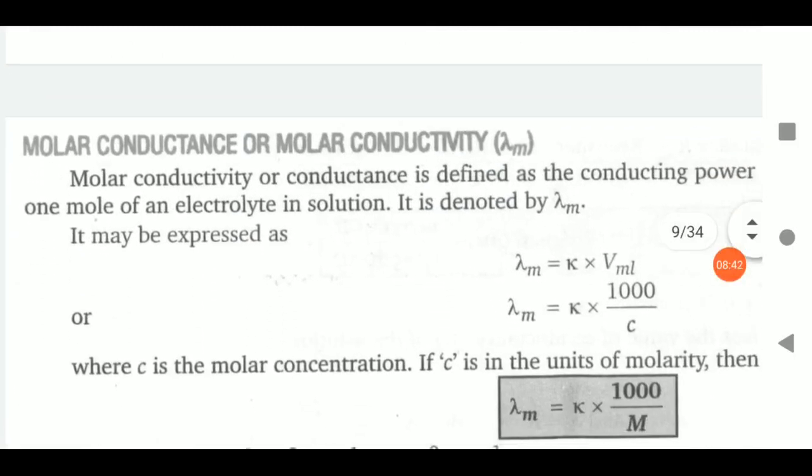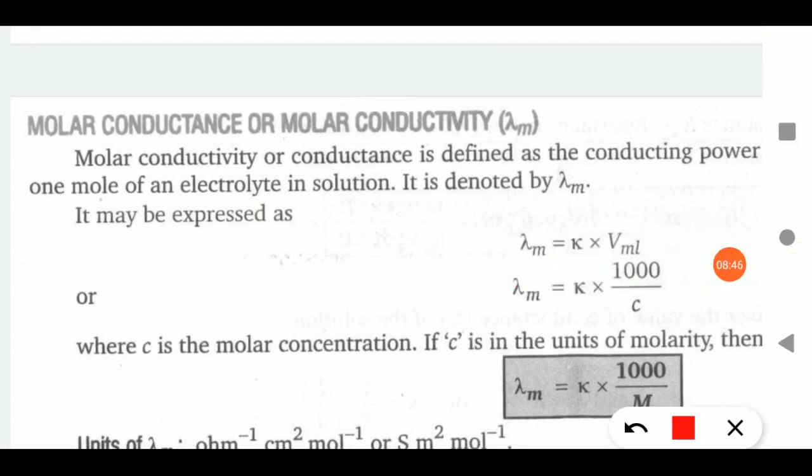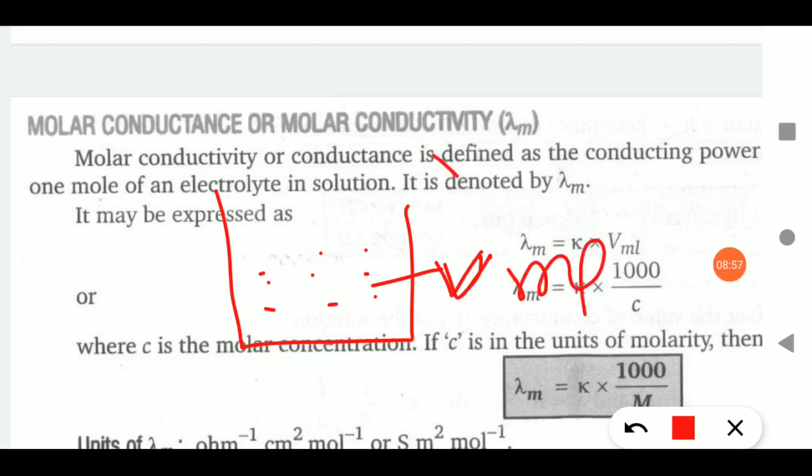Next is molar conductance and molar conductivity. Students, molar conductance is generally what? Suppose you have made a 1 liter solution, or you can say V mL of solution, and you have dissolved 1 mole of NaCl.